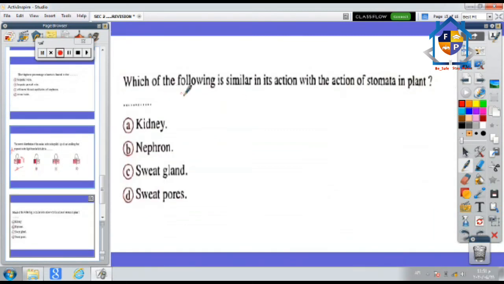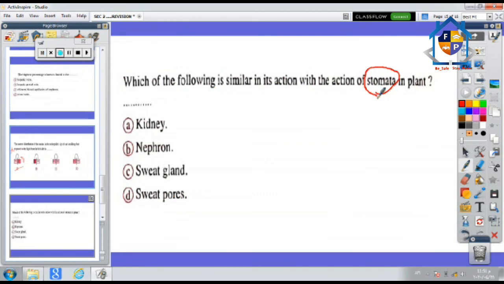Which of the following is similar in action to the stomata? We know the stomata are present in the upper and lower surfaces of the green leaves, but the stomata in the lower surface are present in larger number than the upper surface, and the stomata are responsible for getting rid of water by transpiration.